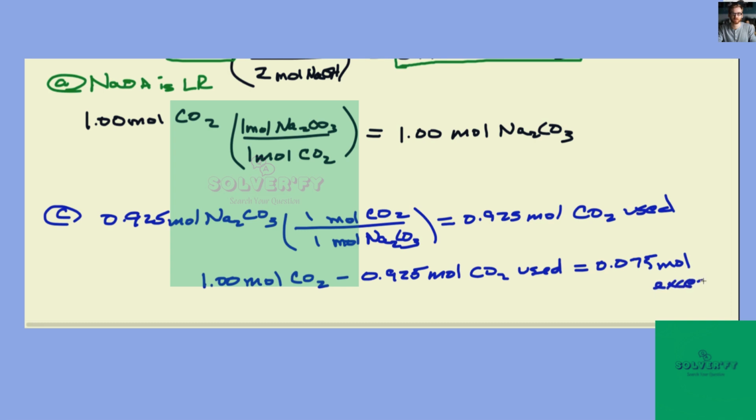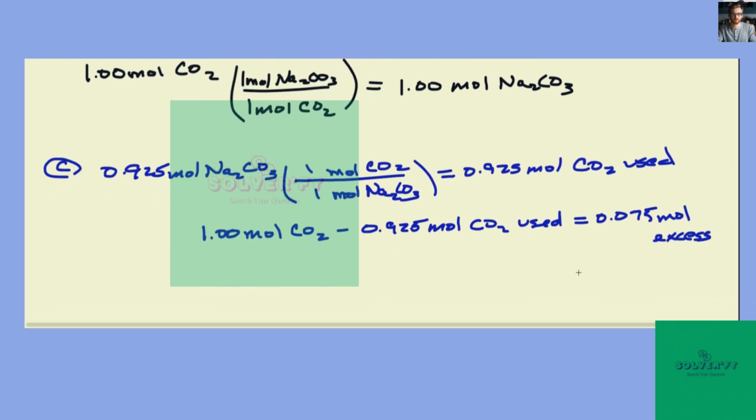That means it's extra. Now, 0.075 would be the exact number. If you're using significant figures, when we subtract, we can only go to the hundredths place. So you might have to write, if you're using significant figures, 0.08 moles excess.